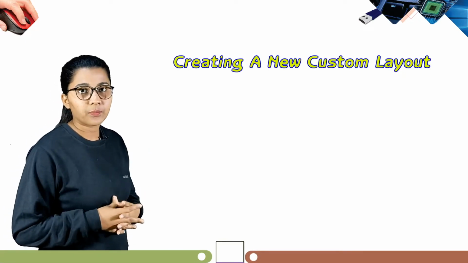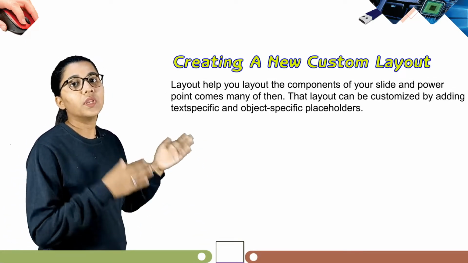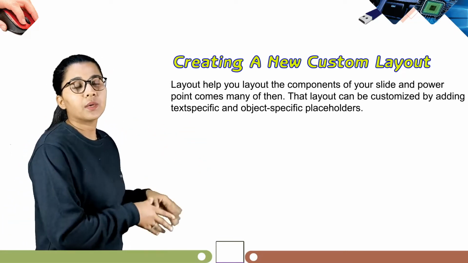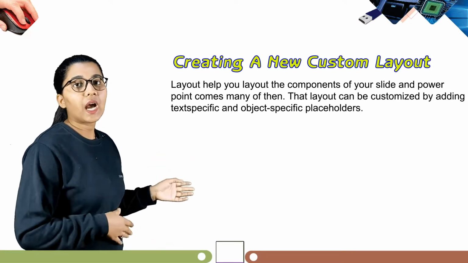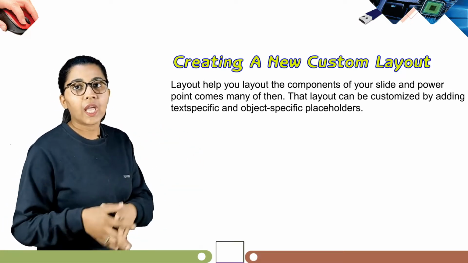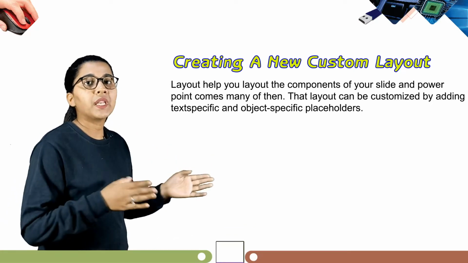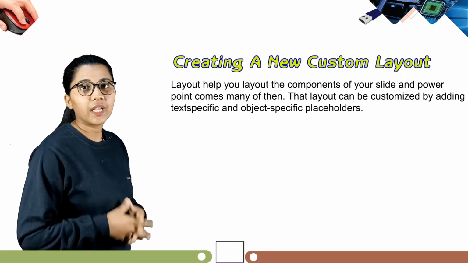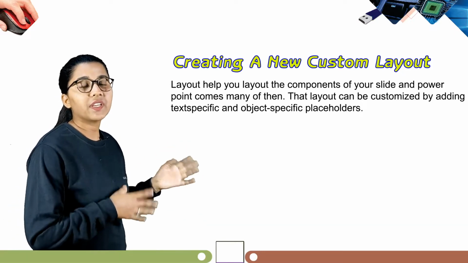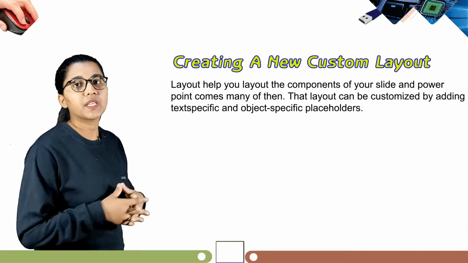Let's learn about it. Layouts help you lay out the components of your slide, and PowerPoint comes with many of them. That layout can be customized by adding text specific and object specific placeholders.